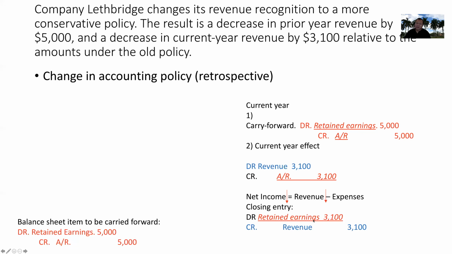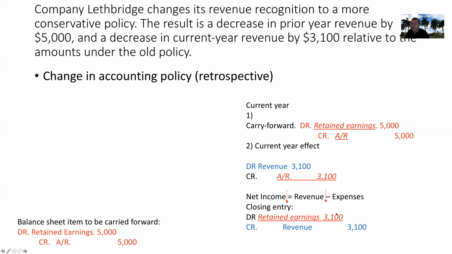Okay. So together, 1 and 2, I have to make an adjustment of AR, first 5,000, second 3,100. In total, I have to credit AR 8,100. So my AR asset decreased by 8,100. Similar idea, my retained earnings 5,000 plus 3,100, so my retained earnings has decreased by 8,100.